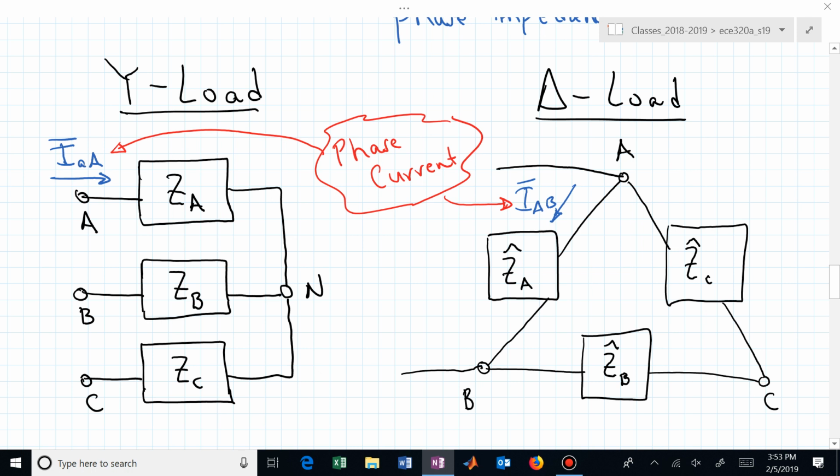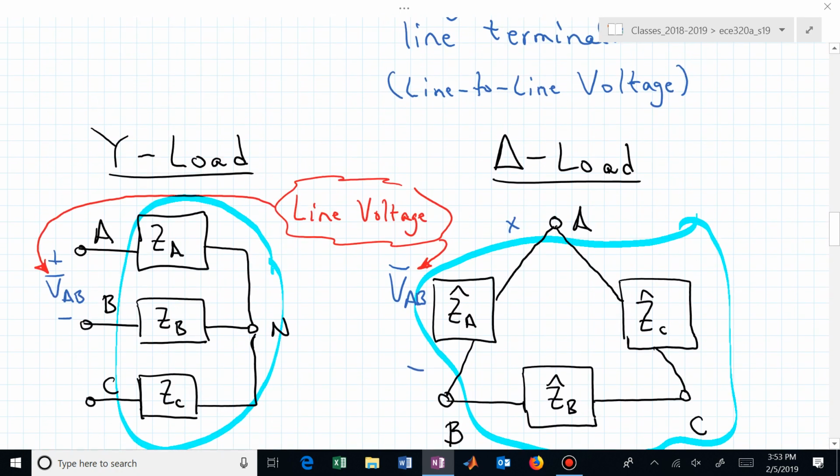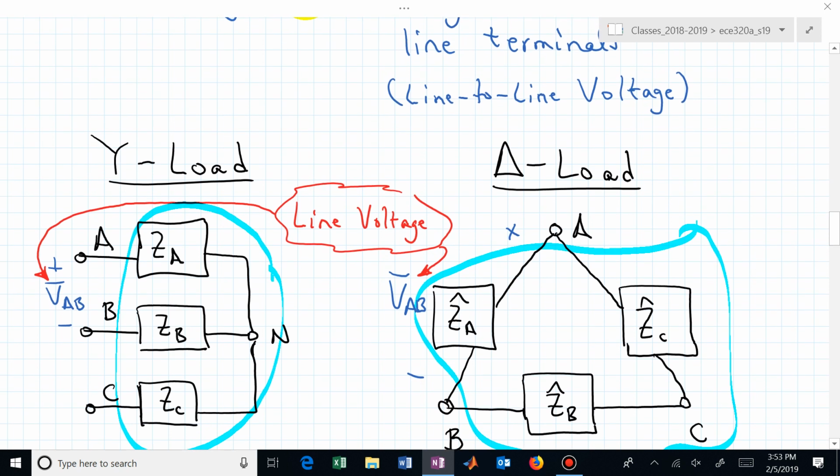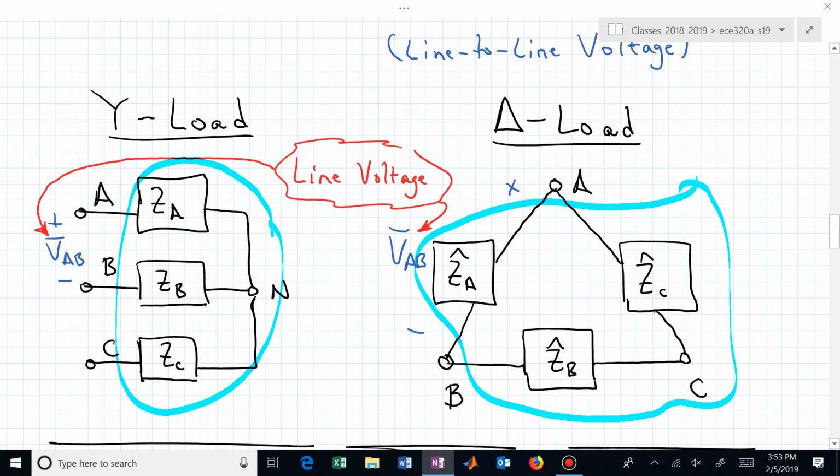Yes? So when you say the phase voltage and the line voltage are the same for the delta load, are they numerically the same thing? Like if we were to make an equation with it, we could just replace one with the other?